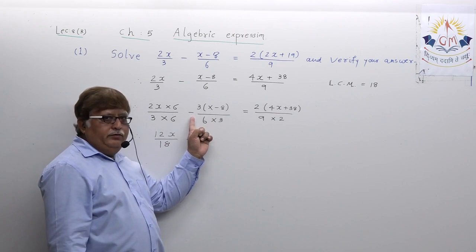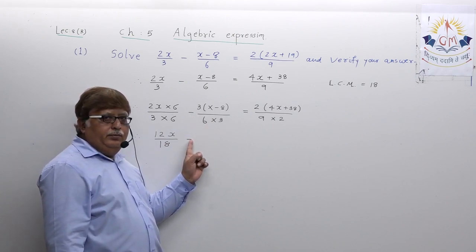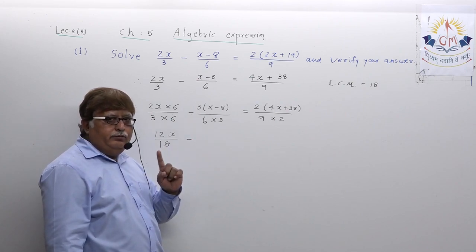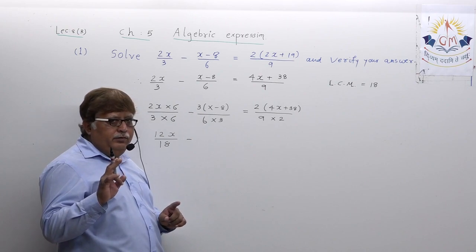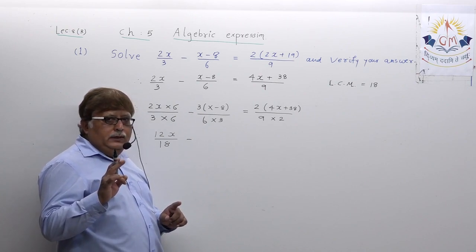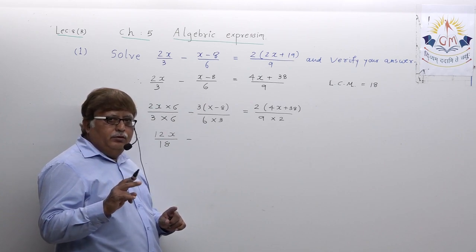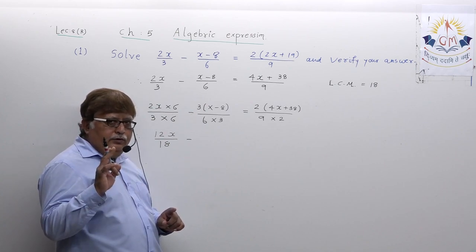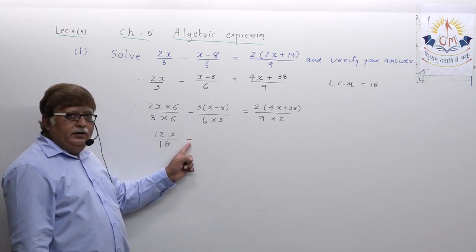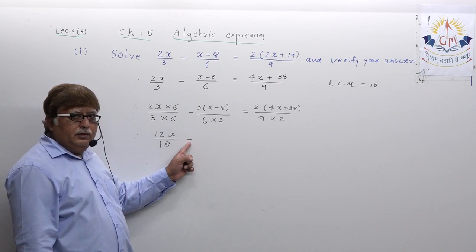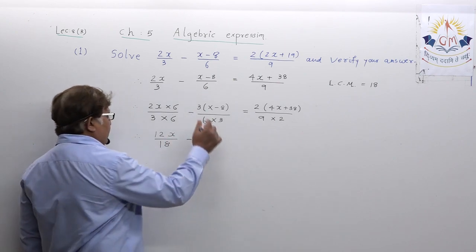This minus sign I have kept as it is. Please be watchful because one sign mistake, the entire example turns out wrong. So please be conscious. This minus sign I have kept as it is.